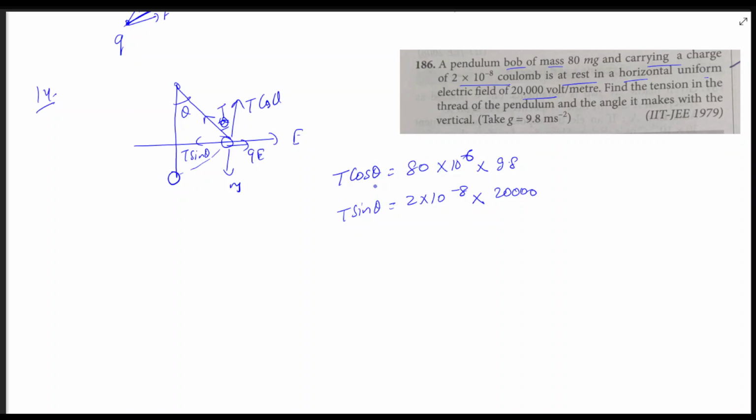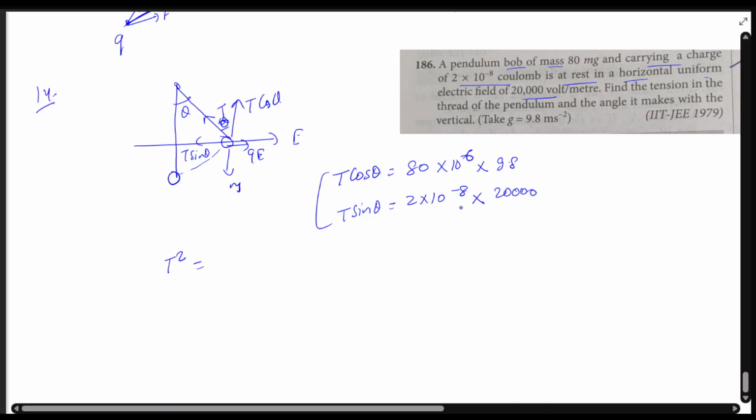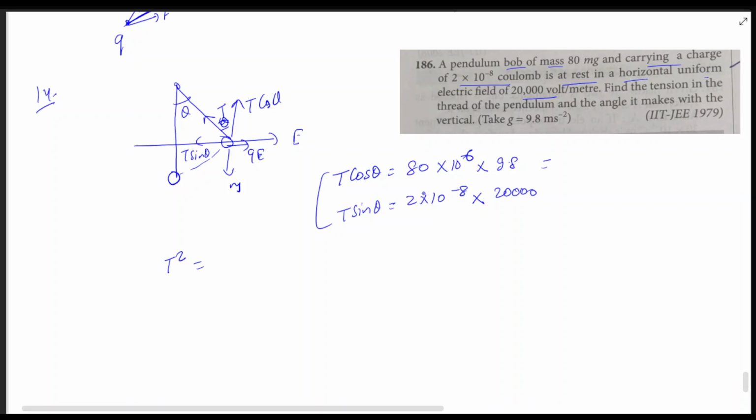Okay, now to find T we can just square and add them. So T square will be, if I calculate it fast, so we have 9.8 into 9.8 into 80.